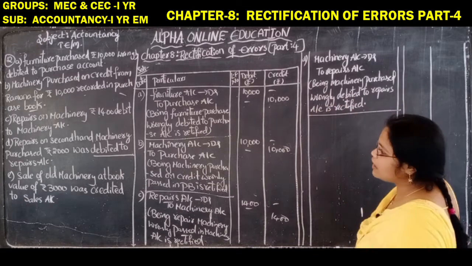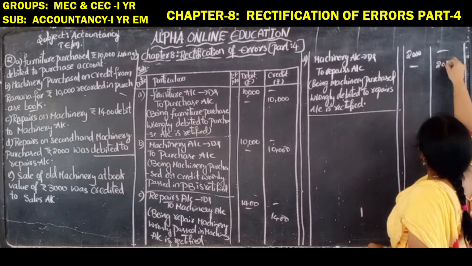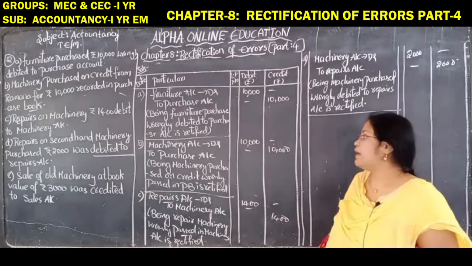What will be the amount here? 2000 rupees, and this is 2000 rupees. Debit equals credit always.